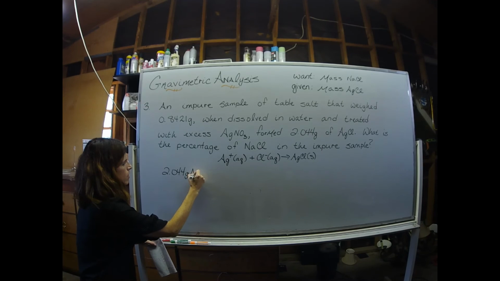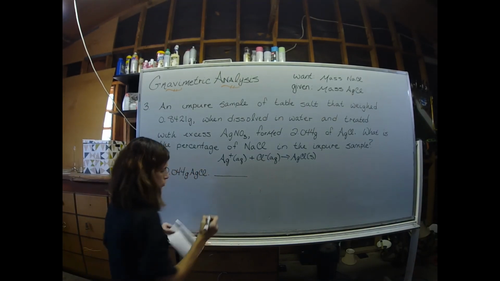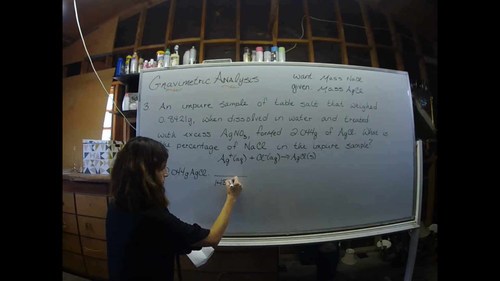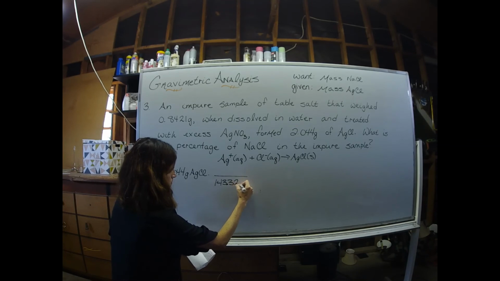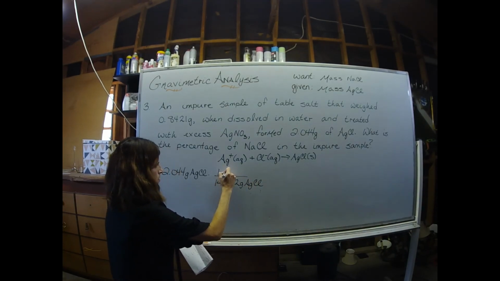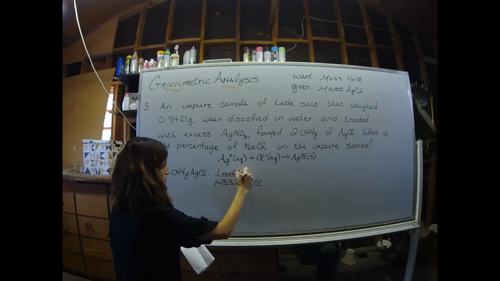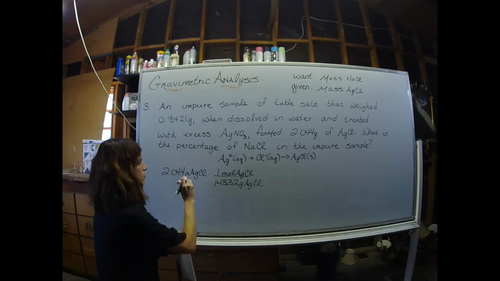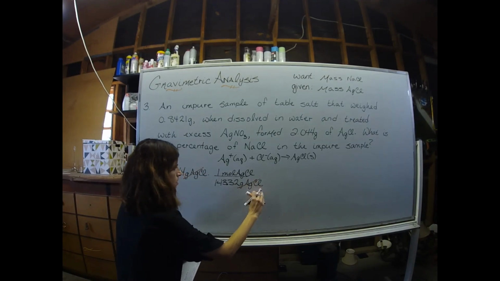And grams is not useful at all. So the first thing I'm going to do is get rid of the grams using the molar mass of silver chloride. All right, so the grams of silver chloride are gone.